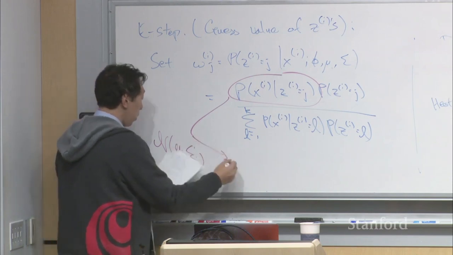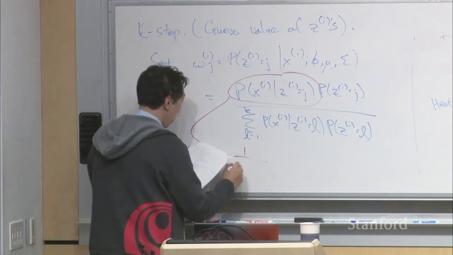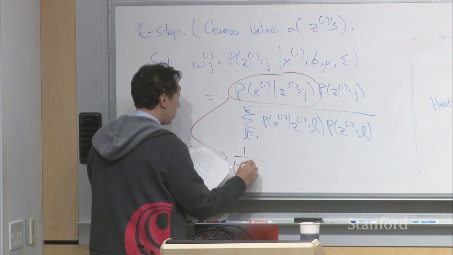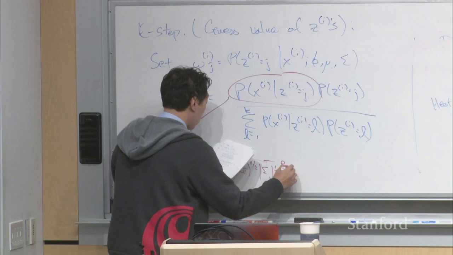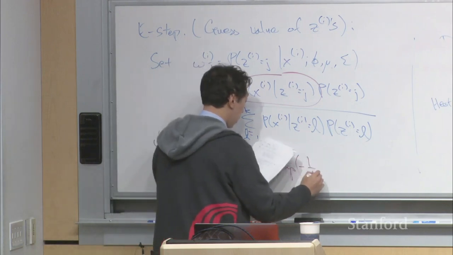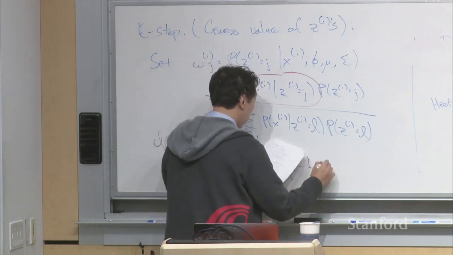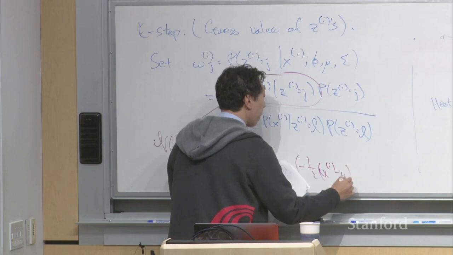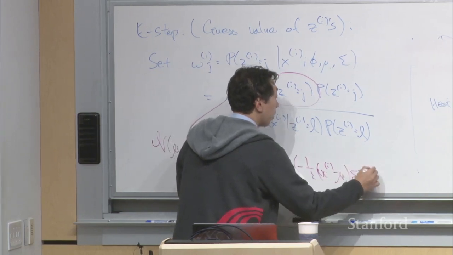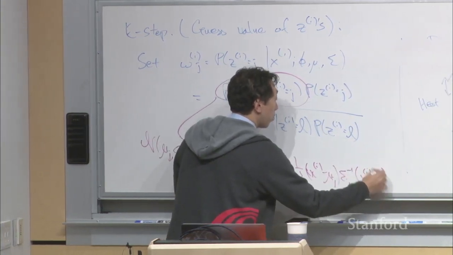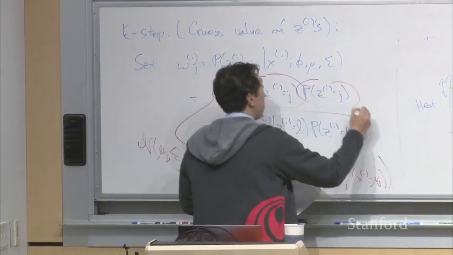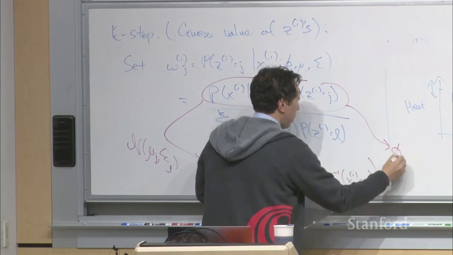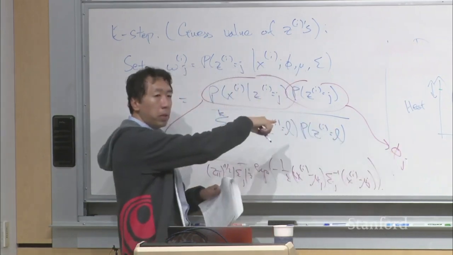And so this term here would be 1 over (2 pi)^(n/2) |sigma_j|^(1/2), e to the negative 1/2. And then this term here, I guess this would be phi_j. That's just a Bernoulli probability.